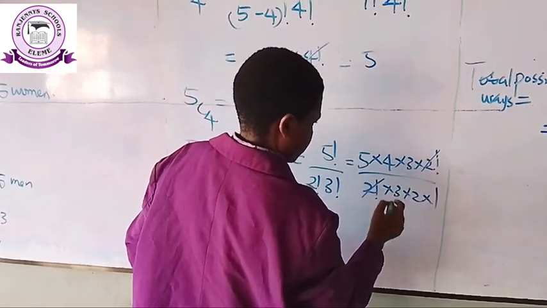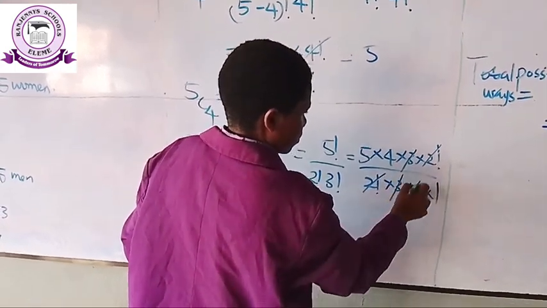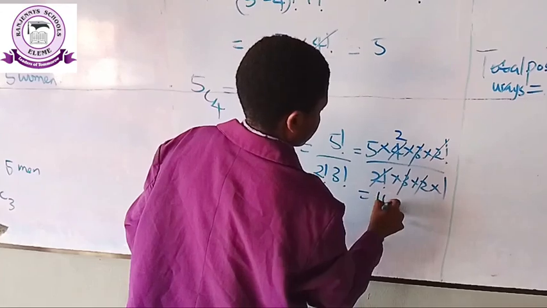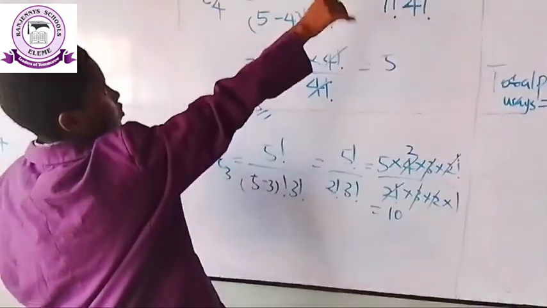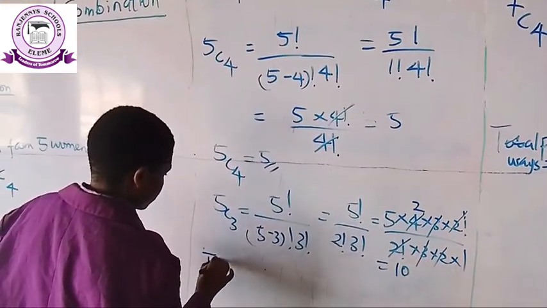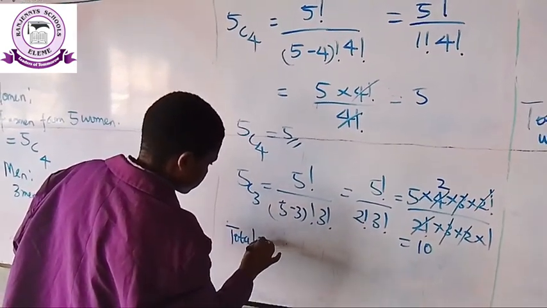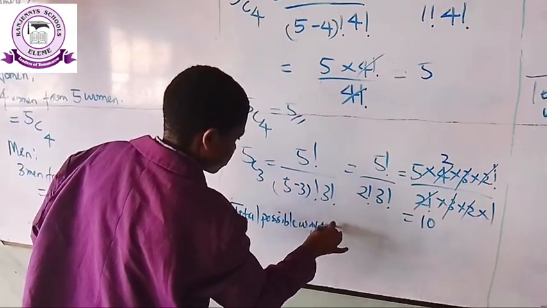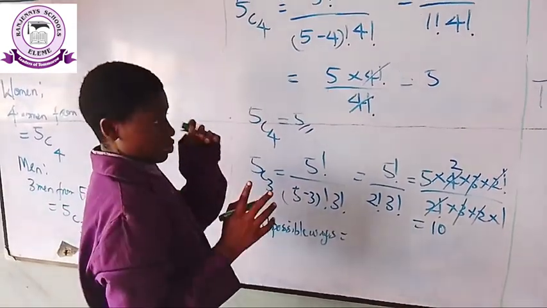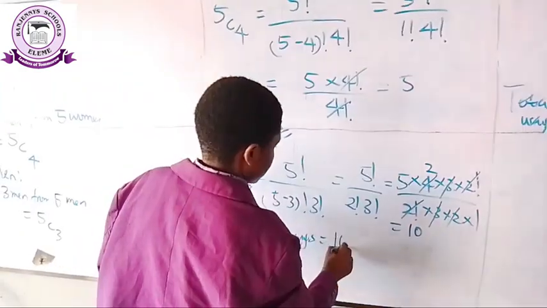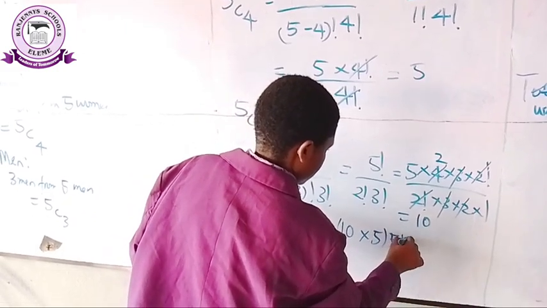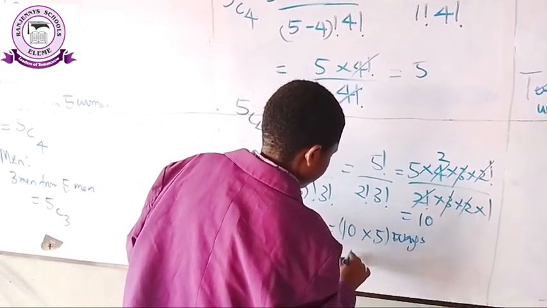So 2 factorial and 2 factorial cancel, 3 and 2 going into 4, that is 2. So 5 times 2 is equal to 10. Multiplying these two together, the total possible ways of having a committee where 2 particular women must not be on is 10 times 5 ways, and that is equal to 50 ways.